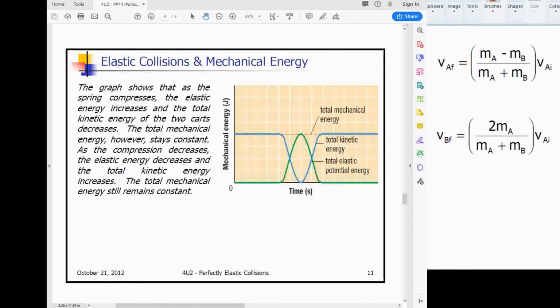There's a moment where we lose all of our kinetic energy and we have our maximum elastic potential energy. That maximum potential energy is equal to the kinetic energy before the collision. And then it disperses again. So we have that conservation of mechanical energy throughout.